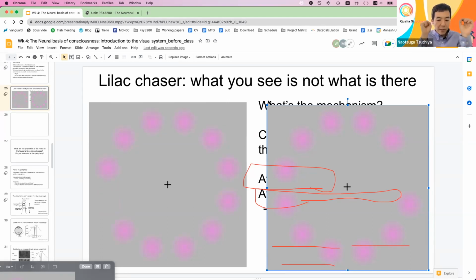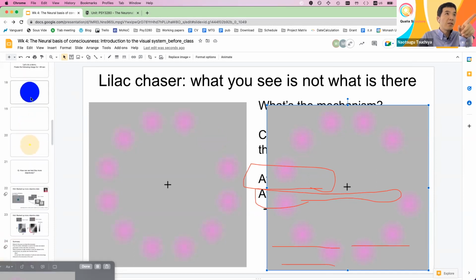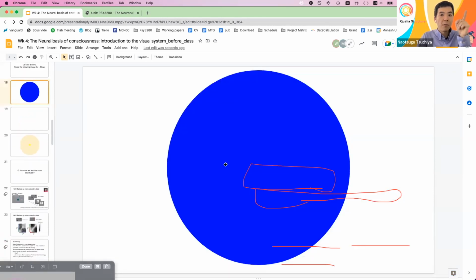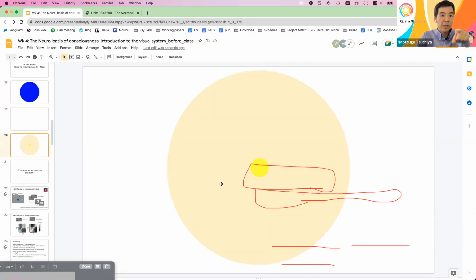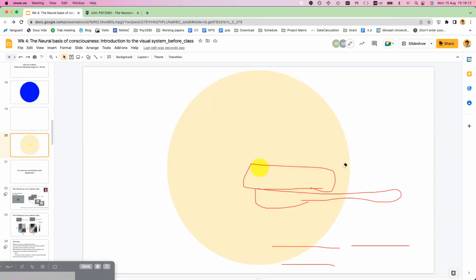our conscious experience of a color seems to be composed of two opponent channels, red and then green, and then blue and yellow. And that's the reason, in fact, when you did this demo, after you saw this for a while, you probably saw something like yellowish like this, right? Yeah.